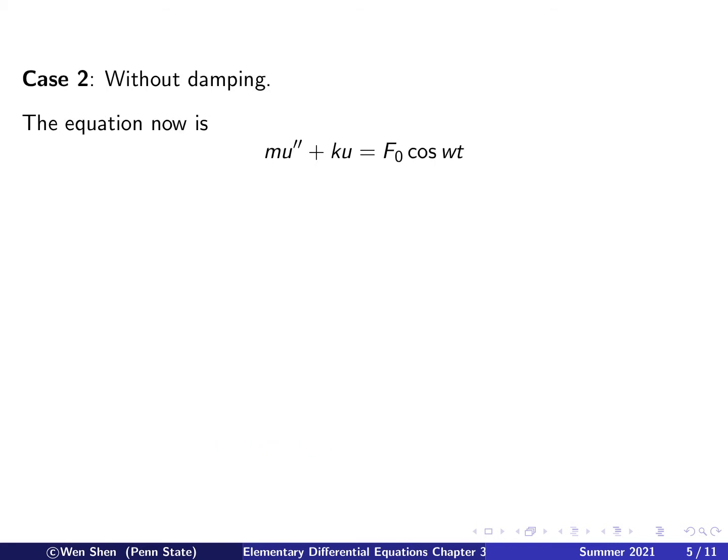Okay, let's look at the second case, case 2, that is without damping, where gamma equals 0. And this is actually a more interesting case, even though it lacks one term. So the equation now is m u double prime plus k u equals the force term, F naught cosine omega t.